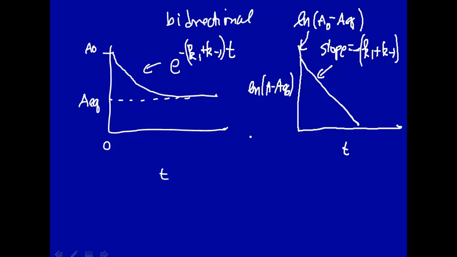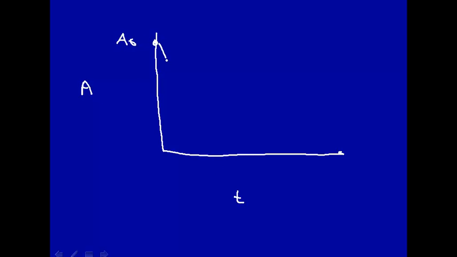Let's look at some characteristics of that exponential decay. Here we'll take the general case of bidirectional. If we want to make it unidirectional, we'll just say k minus 1 equals 0 and the equilibrium concentration equals 0. So here we'll plot A as a function of time, starting at A0, and this is going to decay to some equilibrium value, A equilibrium.